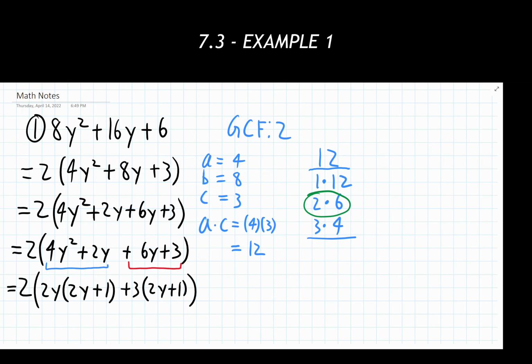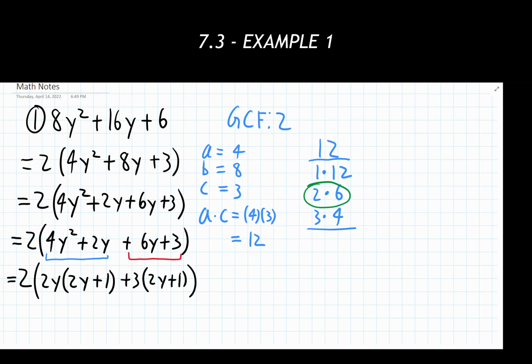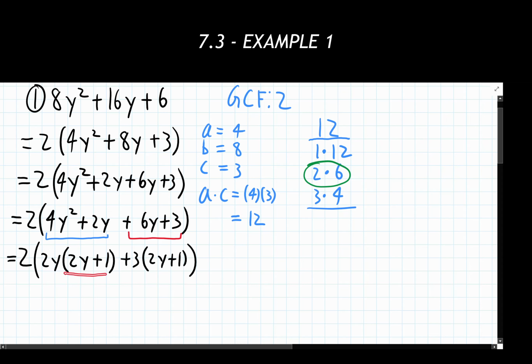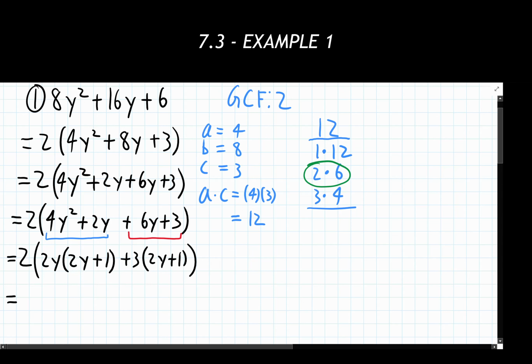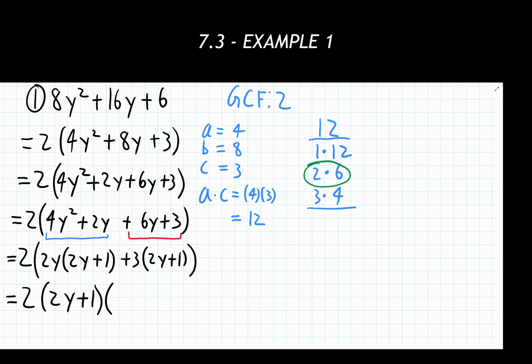So I'm not done with factoring by grouping. I can do a little bit more, and I'm noticing these both have a common factor of 2y plus 1. I can factor that out. And then what's left over after I do that? It's just this 2y plus 3.